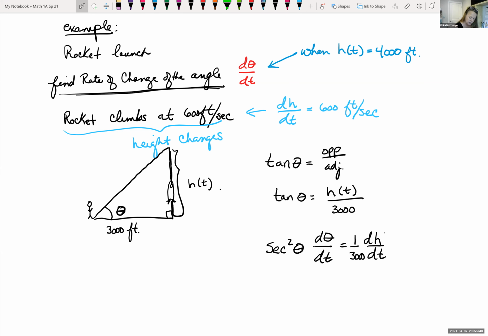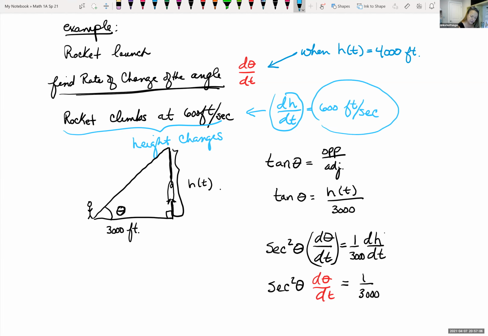So we have secant squared theta times d theta dt, which is actually what we're trying to solve, I'm going to put that in a different color, is equal to 1 over 3,000 times dh dt. We know what dh dt is, which is 600.